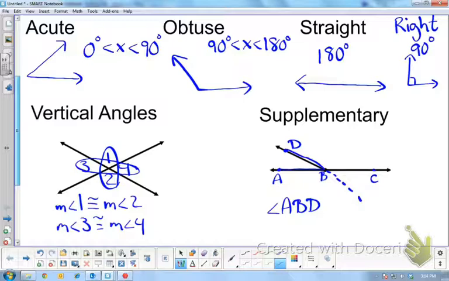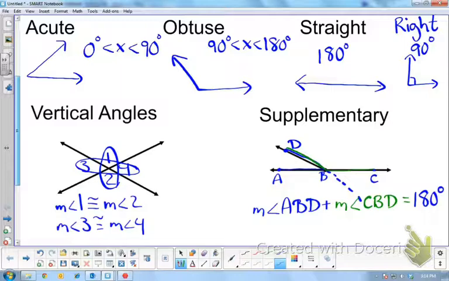So if we add the measure of that angle to the measure of the other angle on that line, so let's say we start at C, travel to B, and also then go to D. And if we add the measure of angle CBD, those two together, since they're on a straight line, they should have the same angle measure as that entire line, so those two together equal 180 degrees.